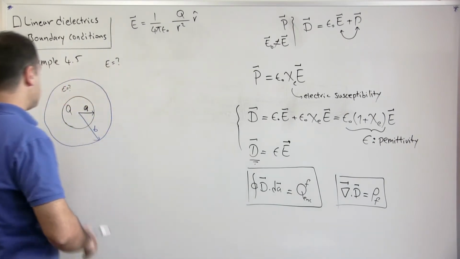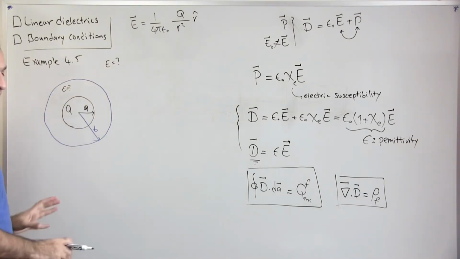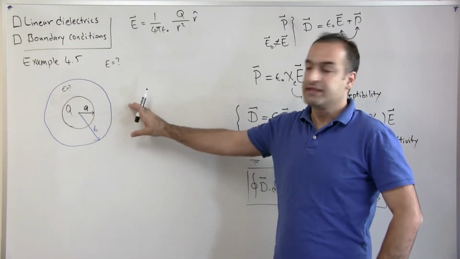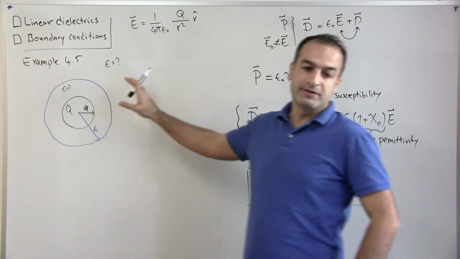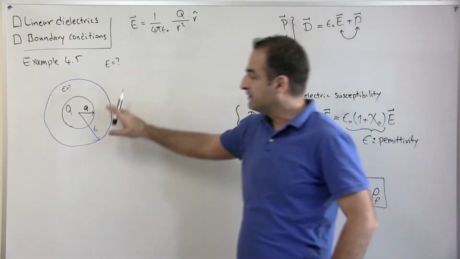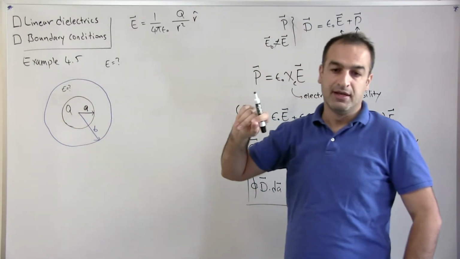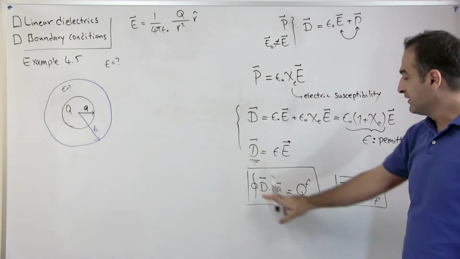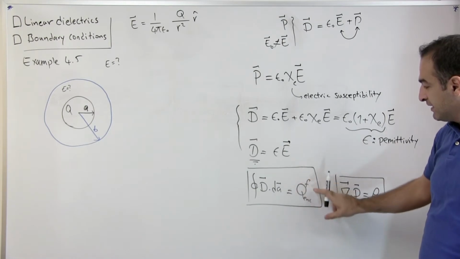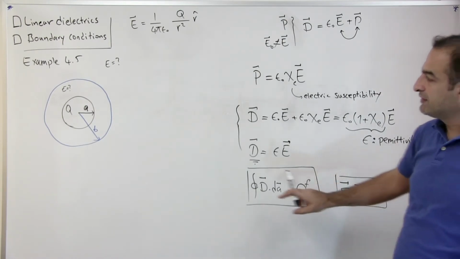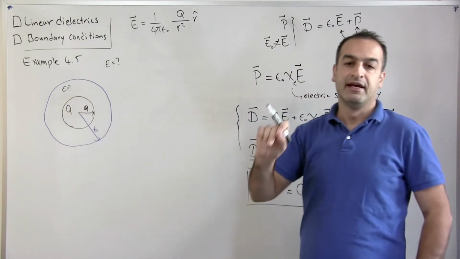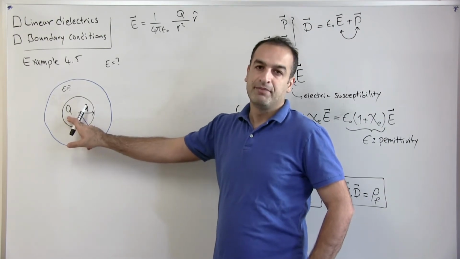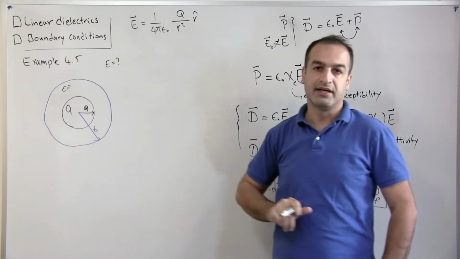The way to do this is we use Gauss law because of the symmetry of the problem. We have a spherical symmetry here. We use Gauss law, but we cannot directly use Gauss law on the electric field because of the complexity from the dielectric material. But what we can do, which is as easy as that, is use the electric displacement. And here the free charge, Q F, is basically the same charge that we have on the sphere, Q. We can ignore any bound charge created by the polarization in the dielectric material.